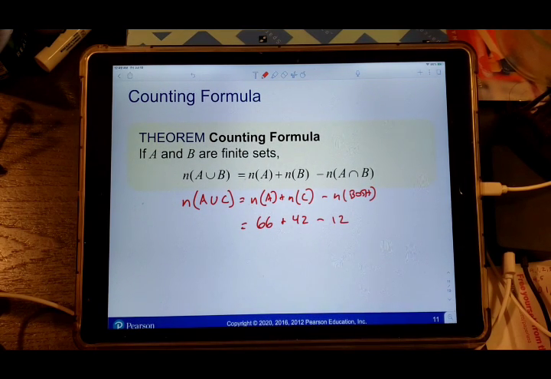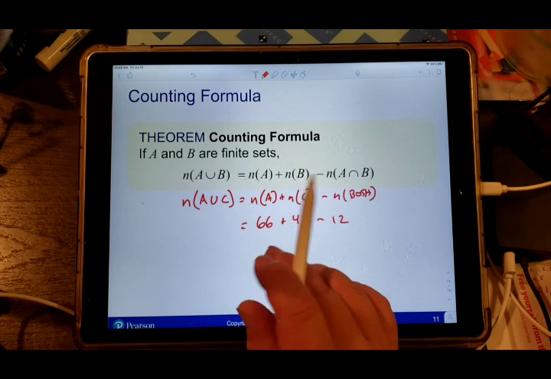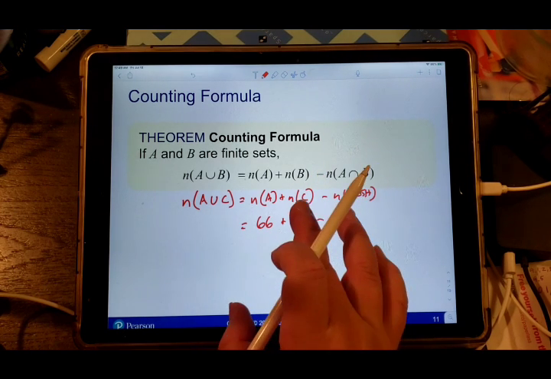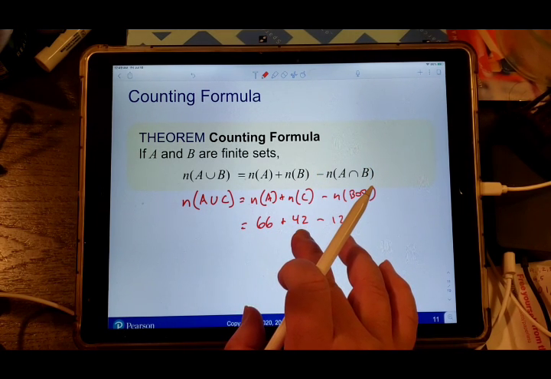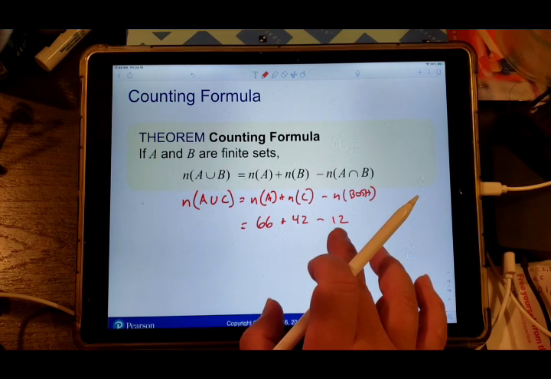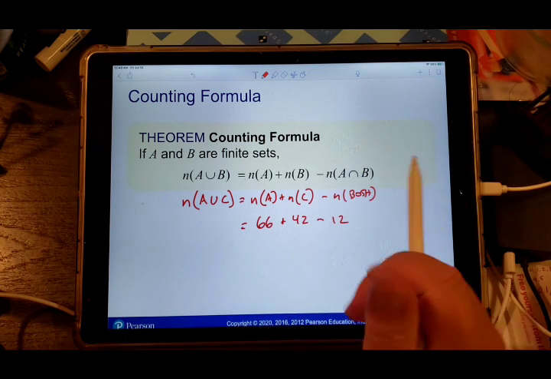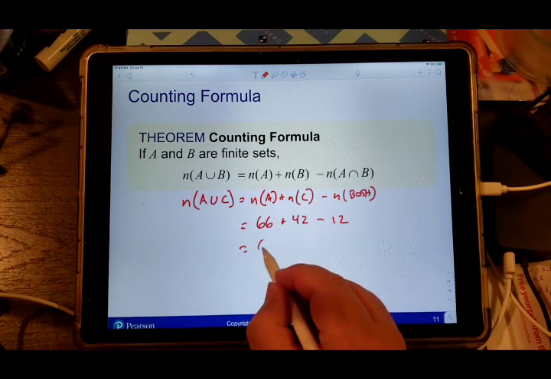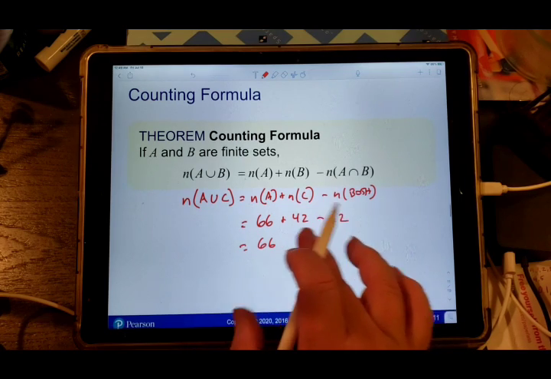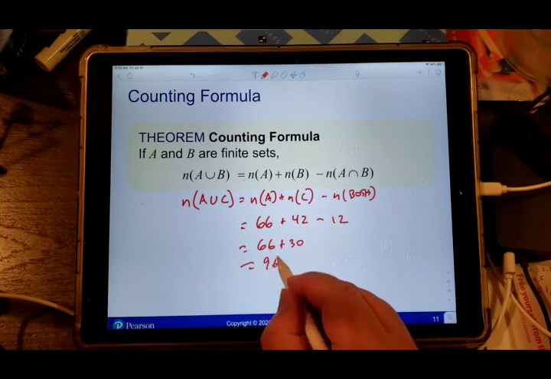Now, why does it work? Well, here we're counting the number of students in college algebra. Here we're counting the number of students in computer science. But notice I counted the students who were in both twice. I counted these 12 students here, but I also counted those 12 students there. So I just want to subtract what I counted twice. Well, this is 30. So I get 96.